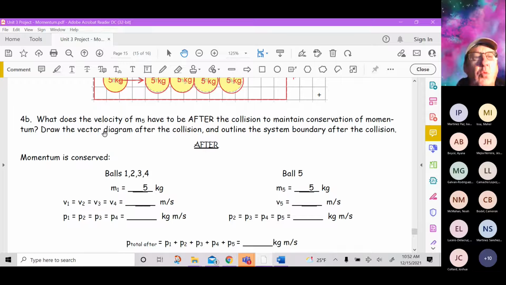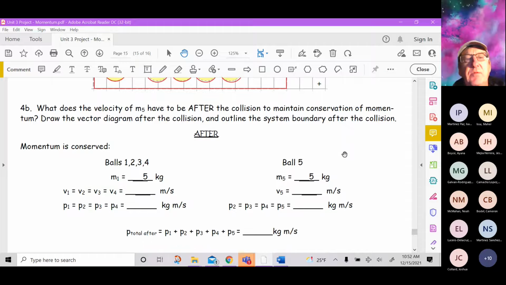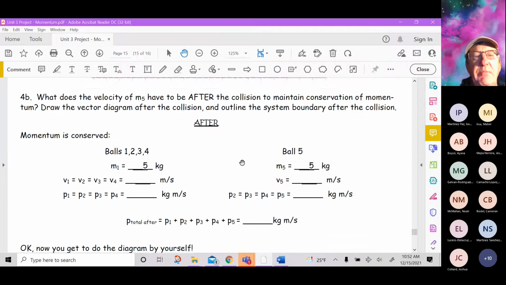So, what does the velocity of mass 5, ball number 5, have to be after the collision to maintain conservation of momentum? We're going to draw the vector diagram. We're going to outline the boundary of the system and all of that.